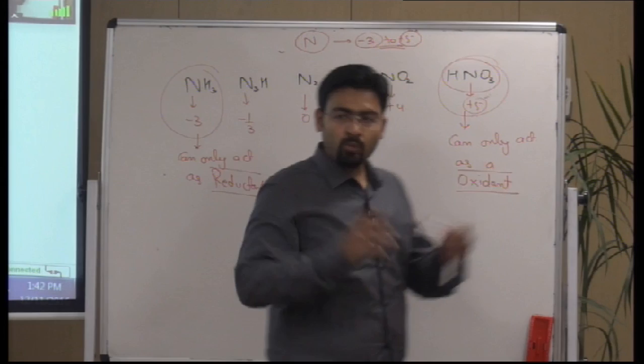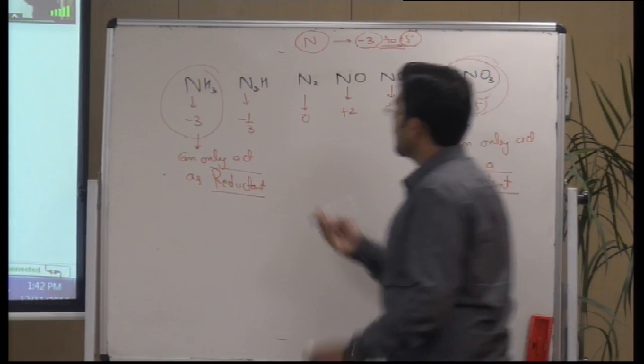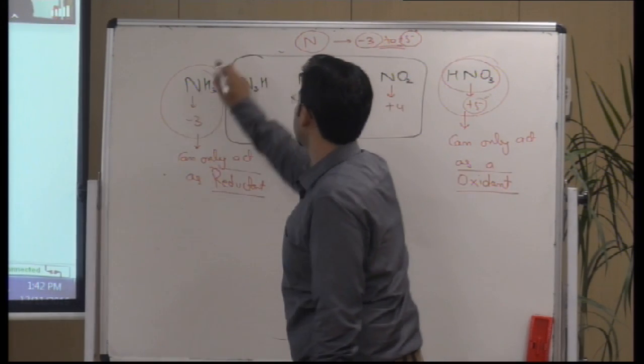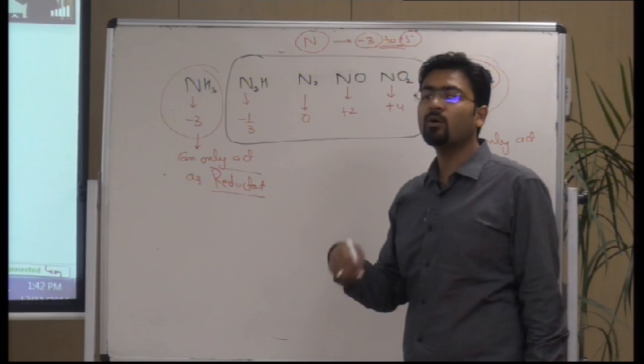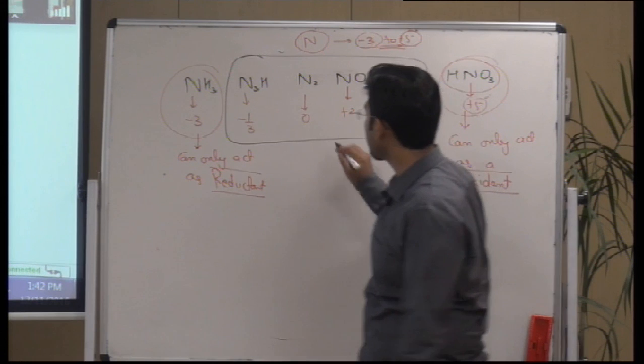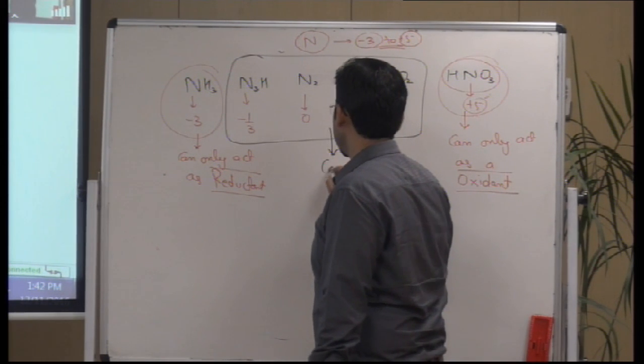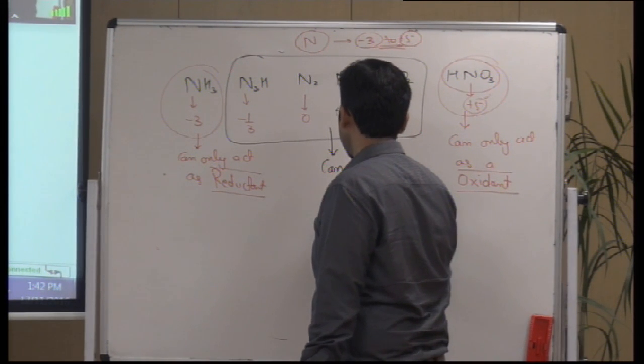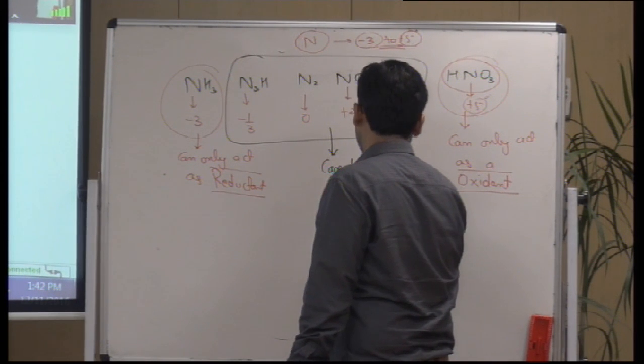Now if I extend this logic to other compounds of the nitrogen family, these compounds have oxidation states which can either decrease or increase depending upon the situation, reaction conditions and various other circumstances. So I can say that they can be reductant or oxidant.